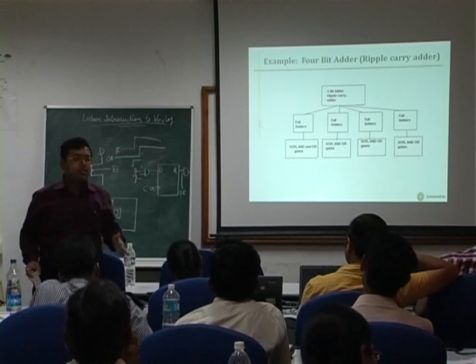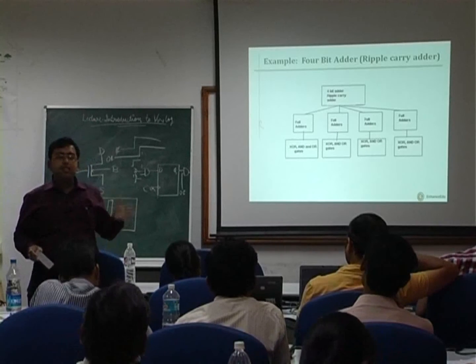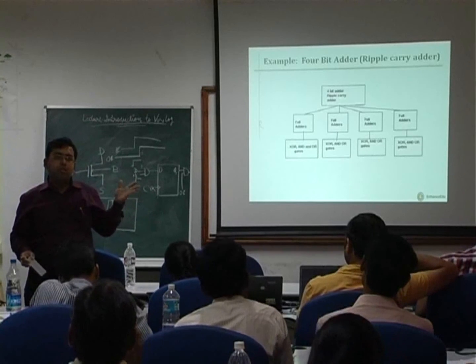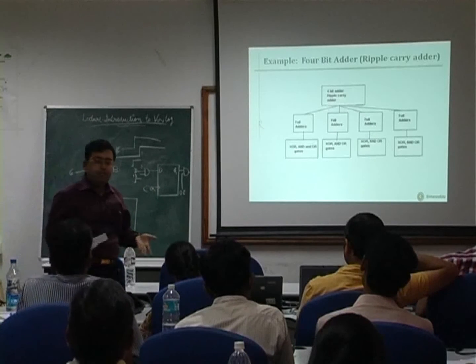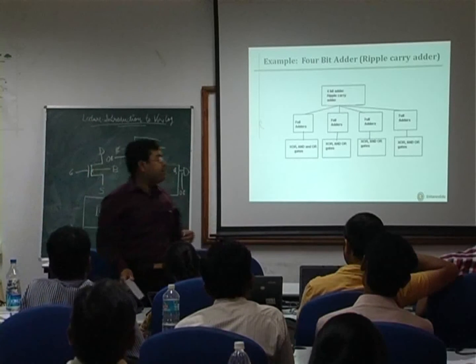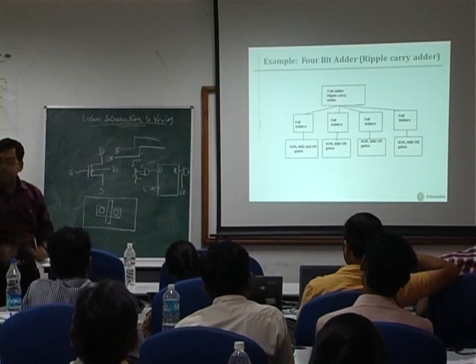Now if you want to ensure that the sum outputs of all the 4 bits are available at the same instant of time, then you have to do accurate impedance matching calculations.